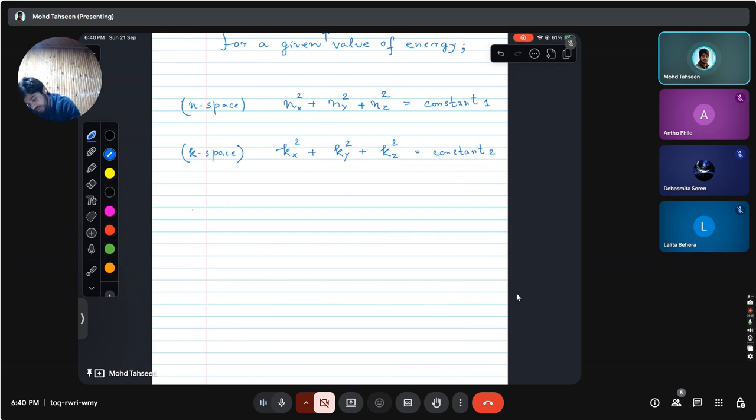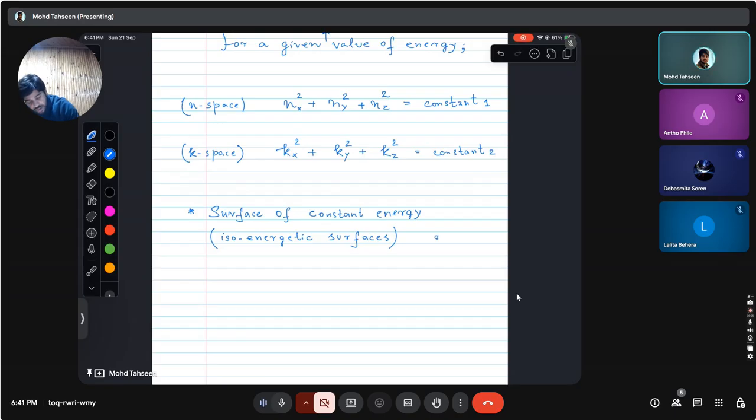So the takeaway is surfaces of constant energy, and the word we use to describe them is isoenergy surfaces or isoenergetic surfaces or contours.